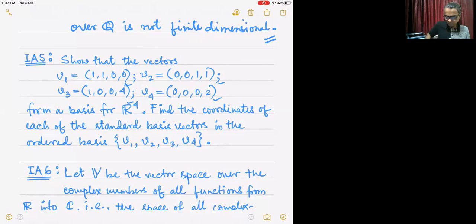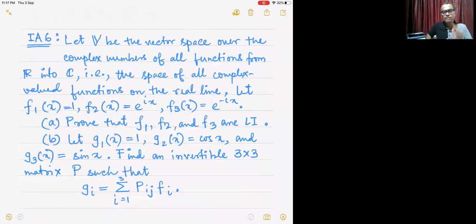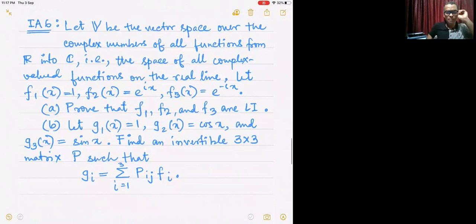Then this is a problem which is very similar to the example that we have looked at during this lecture, involving exponential functions. Here I am saying that f1, f2, and f3 are 3 such exponential functions. You have to prove that they are linearly independent, as I've already told you to do. And then part B says that suppose now I have 3 other vectors, 1, cos x and sin x.